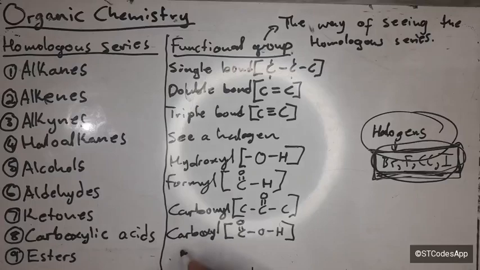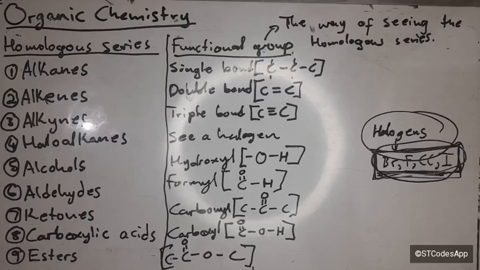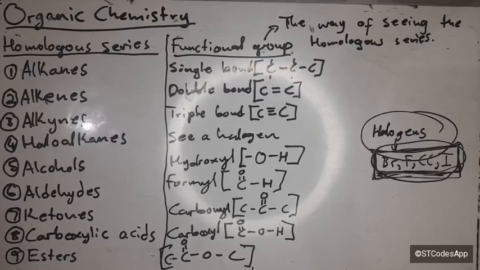It looks like this, then O with a C here and a C. They kind of look alike, these two, but this one is double bond O, then O and a C, while the carboxylic acid is C double bond O and OH. This is the difference between the functional groups of carboxylic acids and esters.